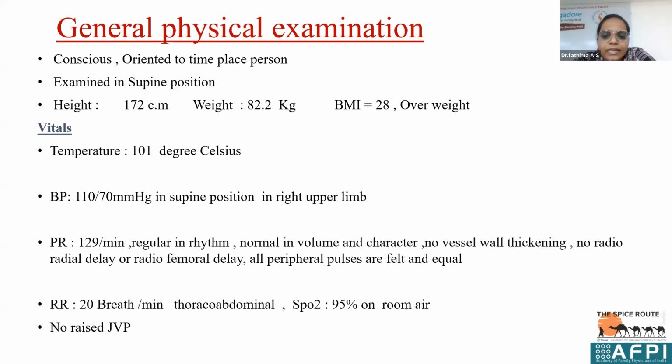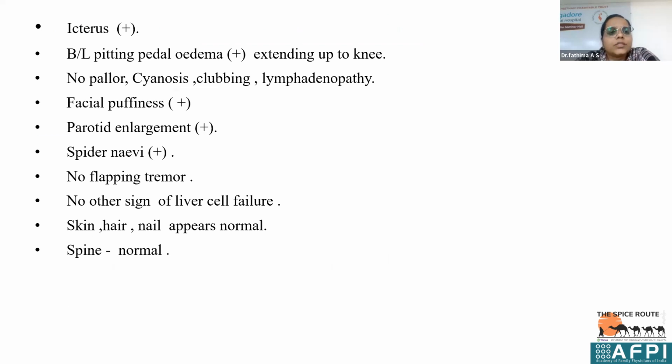All peripheral pulses are felt and equal. Respiratory rate is 20 breaths per minute, thoraco-abdominal, saturation 95% on room air, and no raised JVP. Icterus present, bilateral pitting pedal edema extending up to knee, no pallor, cyanosis, clubbing, and lymphadenopathy.